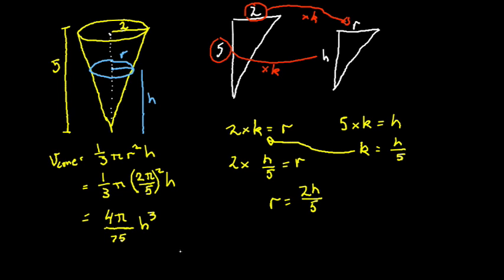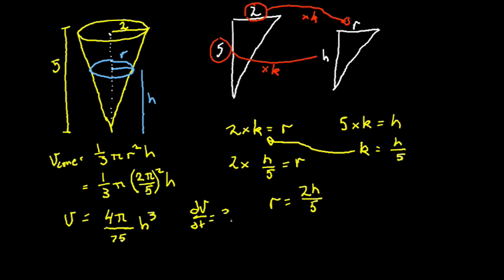And the final part asks to find the rate at which the volume changes with respect to the height. So we've got our volume function, and essentially we're just finding dV/dh. So bring the power down, multiply, take 1 from the power.